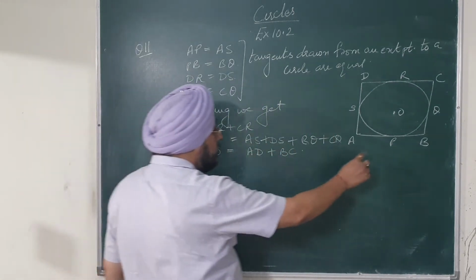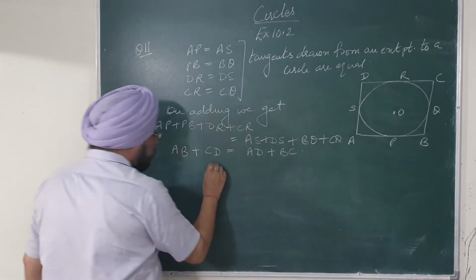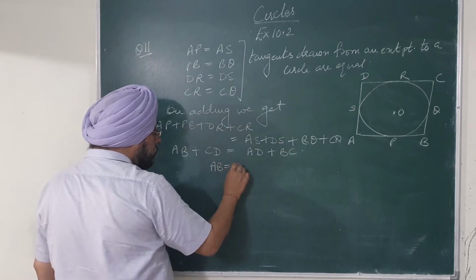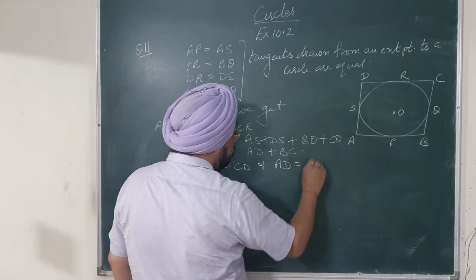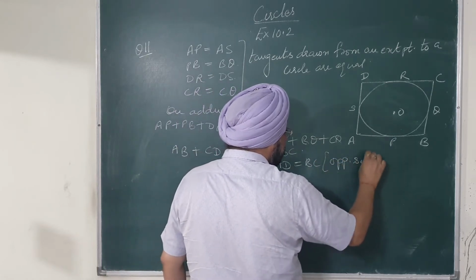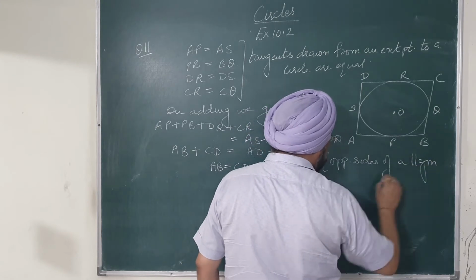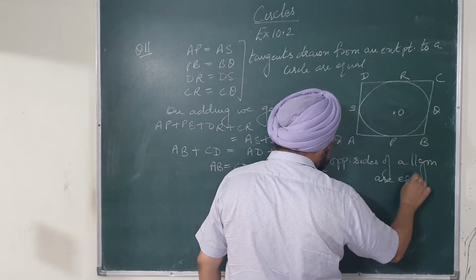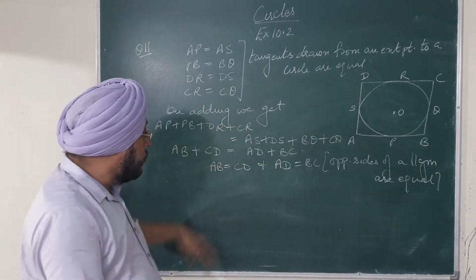So we know that in a parallelogram opposite sides are equal. Means AB is equal to CD and AD is equal to BC. Opposite sides of a parallelogram are always equal. So we can substitute this value here.